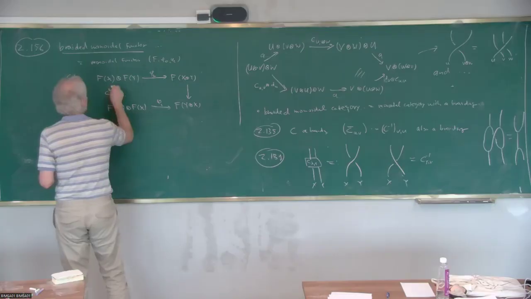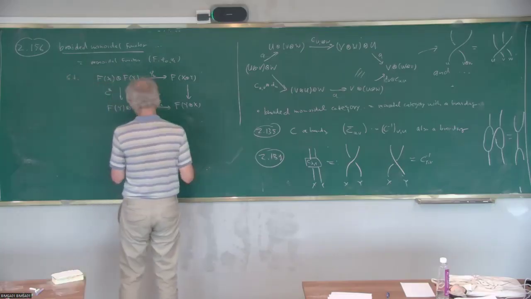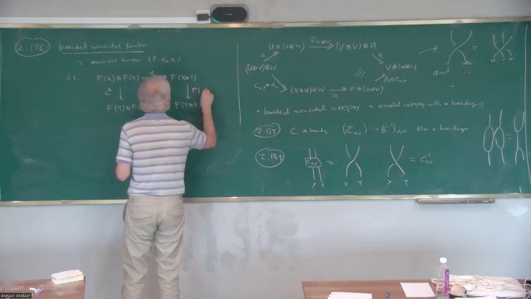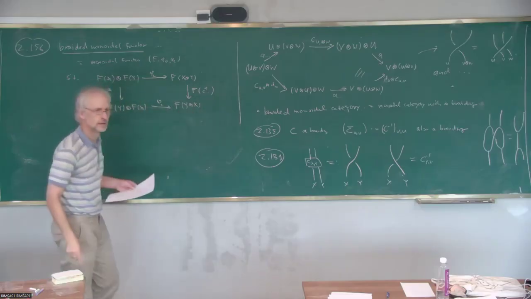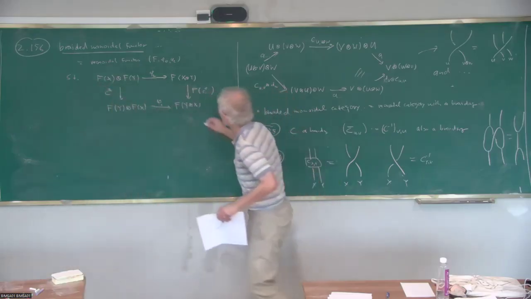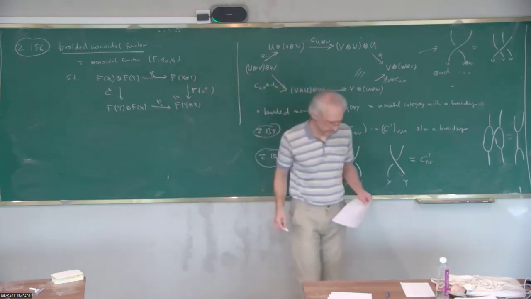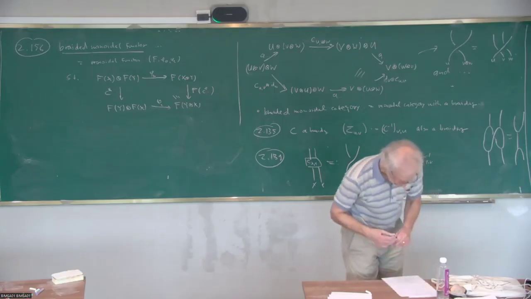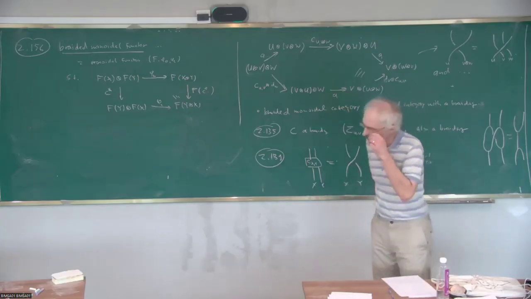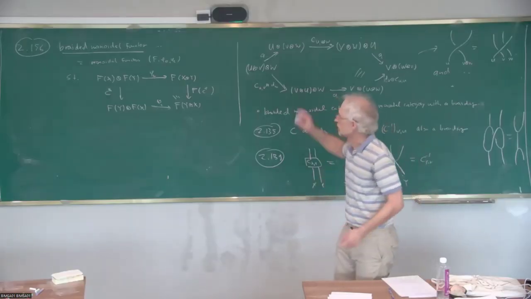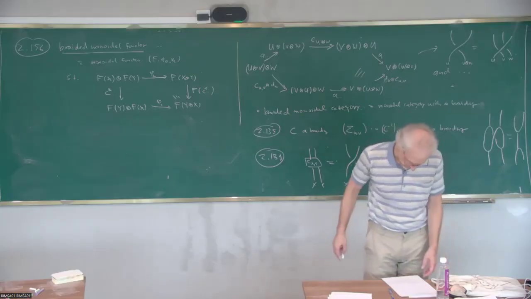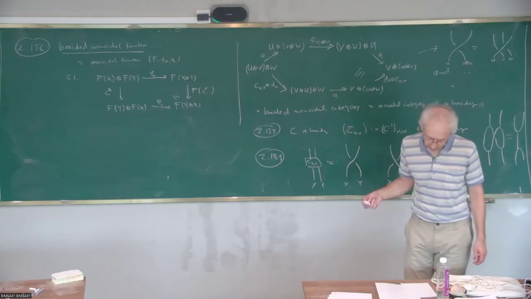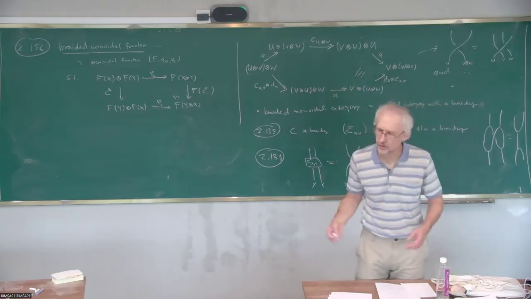This is a braiding in D, of course, and here I can take f of the braiding in C to get here, and this diagram should commute. If the categories are symmetric monoidal, then we call this symmetric monoidal. And a braided monoidal transformation is nothing else than a monoidal transformation.